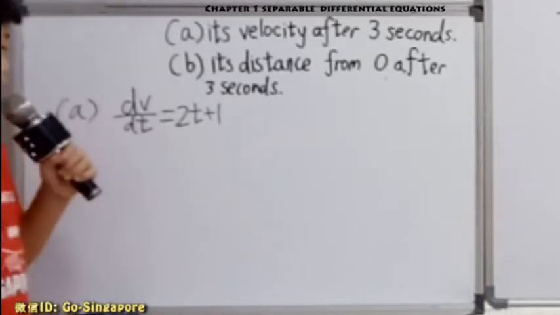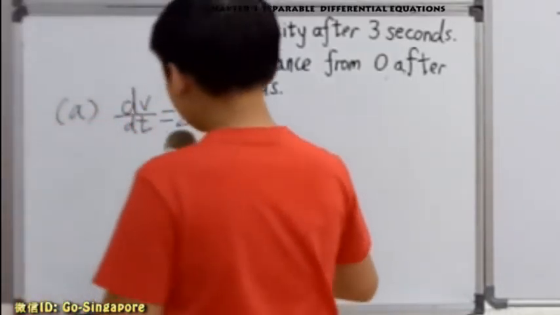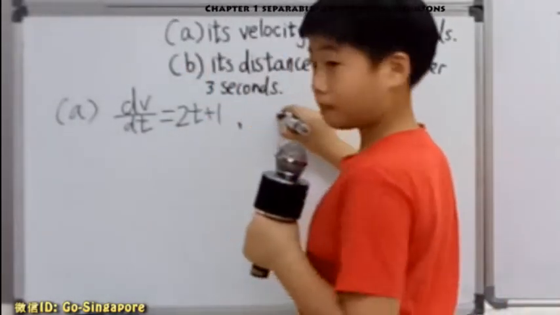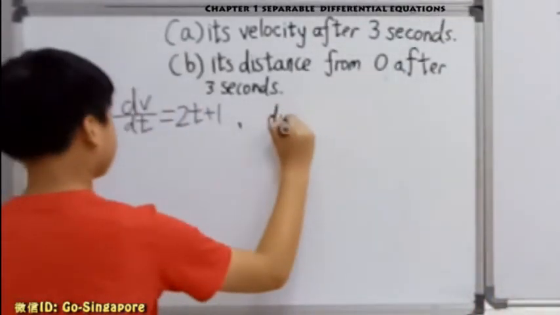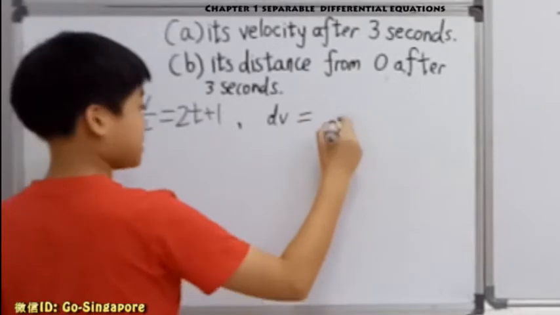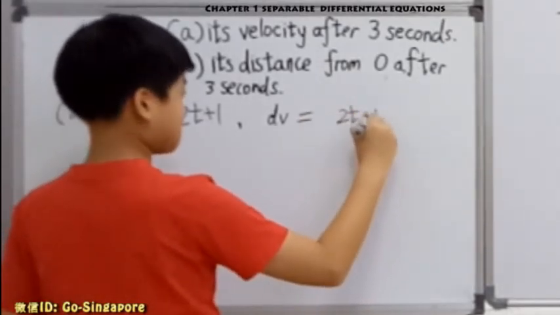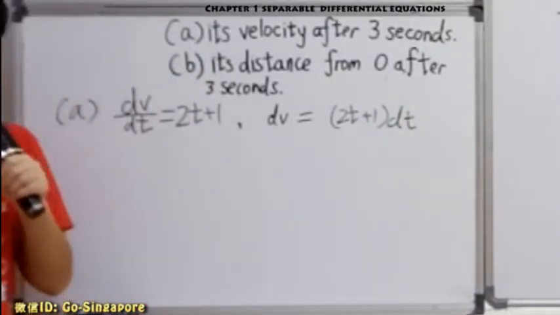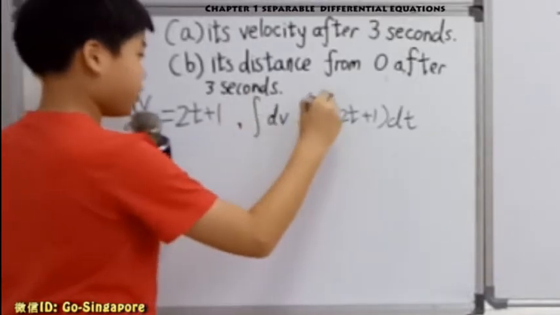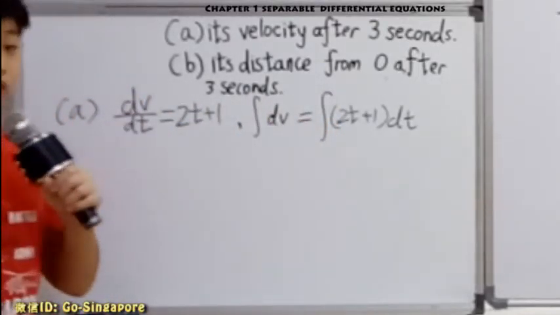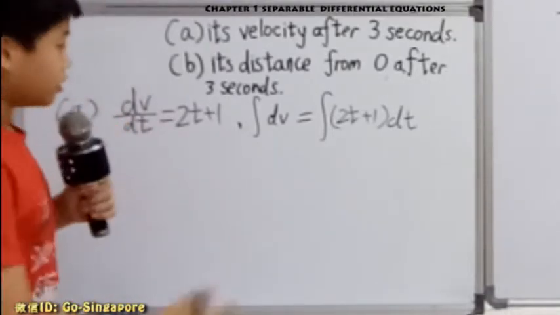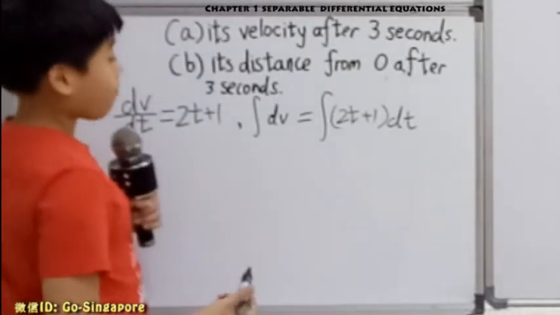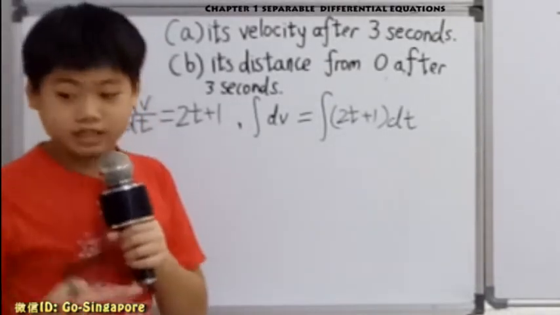We can move the dt to the other side. Like this, on both sides we can use the definite integral. Remember, you can use the indefinite integral in most cases, but if you want it to be fast and quick, it is better to use the definite integral, so that later you don't need to find the arbitrary constant c.